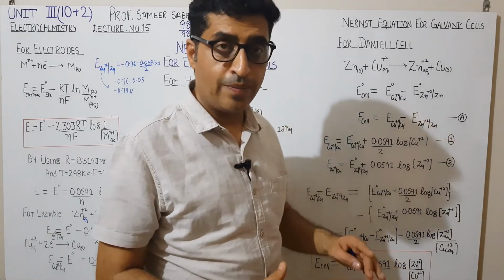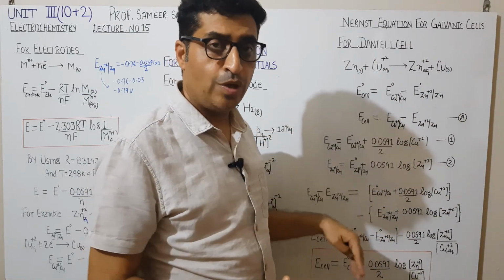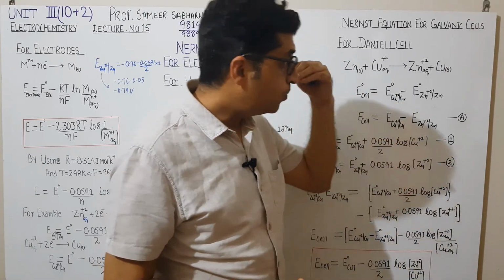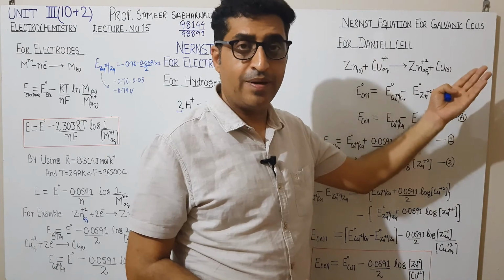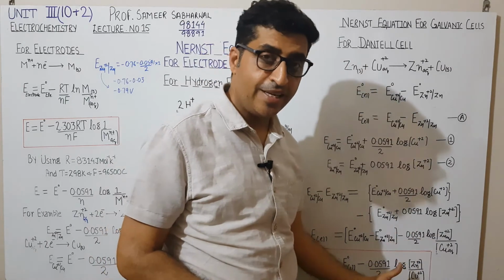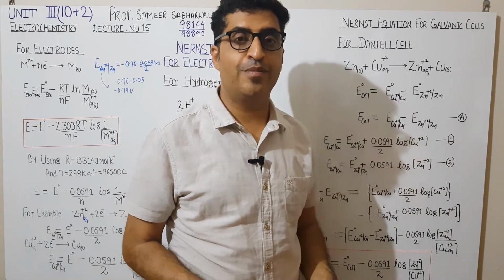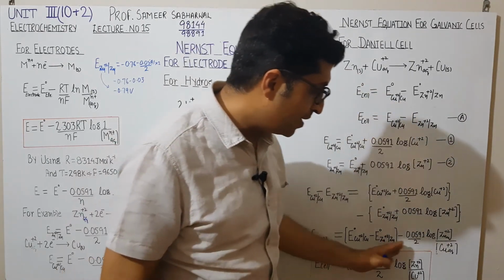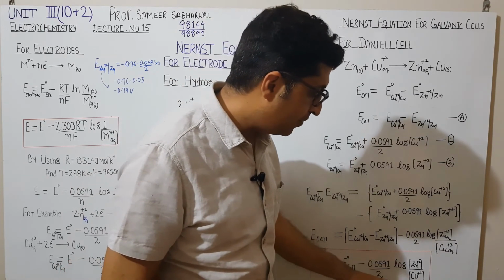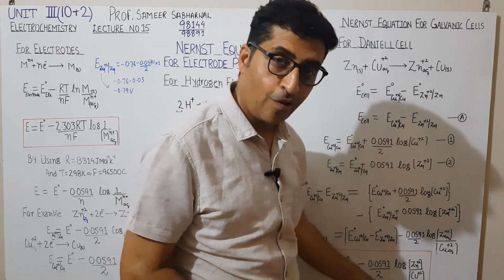So the easiest way to remember is simply write down balanced equation. So E cell is equal to E naught cell minus 0.0591 by N log of, जो प्रोडक्ट साइड पे रिएक्शन के प्रोडक्ट साइड पे कंसंट्रेशन टर्म्स हैं वो ऊपर आ जाएंगी और जो रिएक्टेंट साइड पे वो नीचे आ जाएंगी, और जो प्योर सॉलिड या लिक्विड स्टेट में है उनकी कंसंट्रेशन हम यूनिटी ले लेते हैं. और फाइनली मेरे पास रिजल्ट आ गया: E cell is equal to E naught cell minus 0.0591 by N log of zinc ion over copper ion.